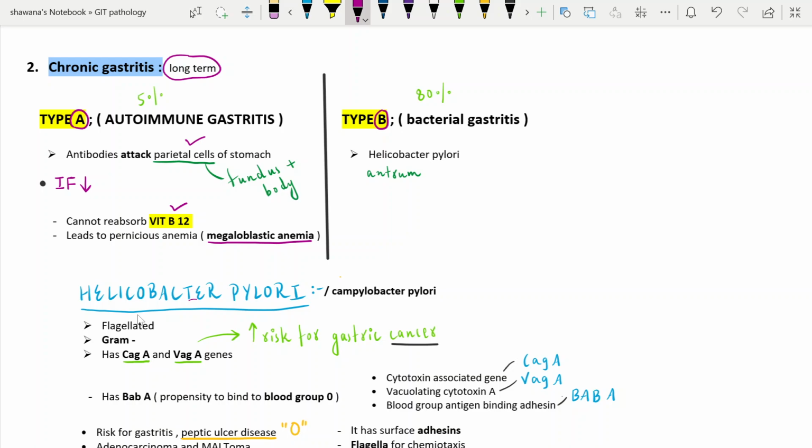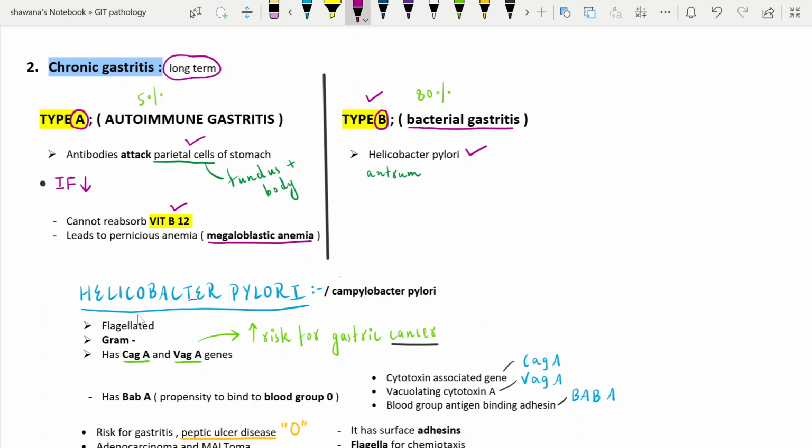The second type of gastritis, which is more common among the population, is the type B chronic gastritis, so-called bacterial gastritis. When it comes to gastritis, the most common bacterium affecting our stomach is Helicobacter pylori, also known as Campylobacter pylori.